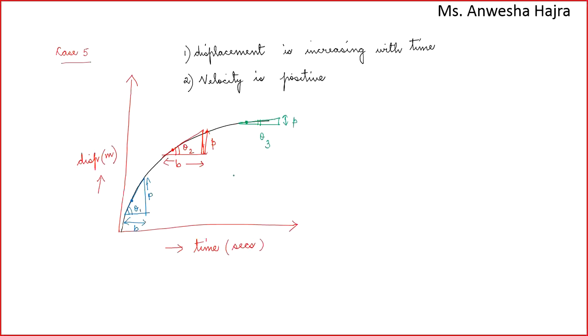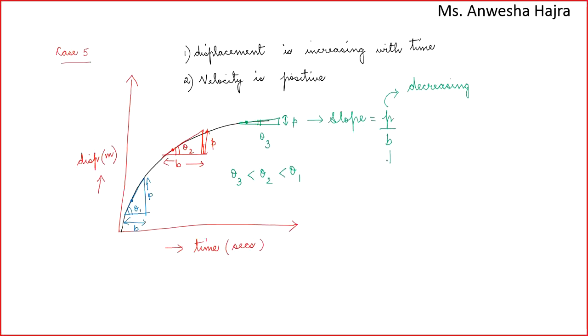So in this graph you see θ3 is less than θ2, is less than θ1. The slope is decreasing. What is slope? Slope is perpendicular by base. From the figure you see perpendicular is decreasing. The numerator is decreasing.